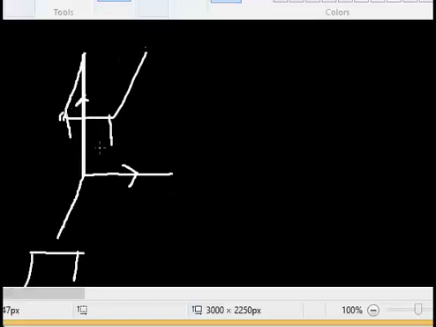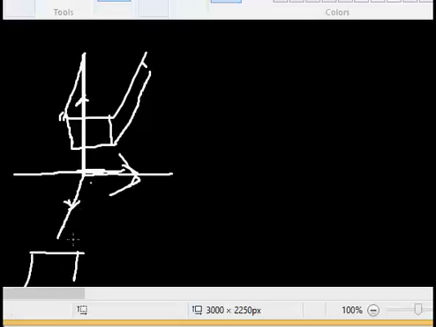Okay, so now you discover that, let's say the current is horizontal, then the field will be pointing this way, so it's perpendicular, then the force will be pointing upward. And that is why there's a particular rule that will help us to actually get that.